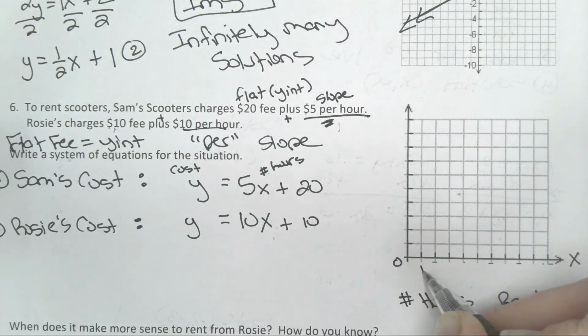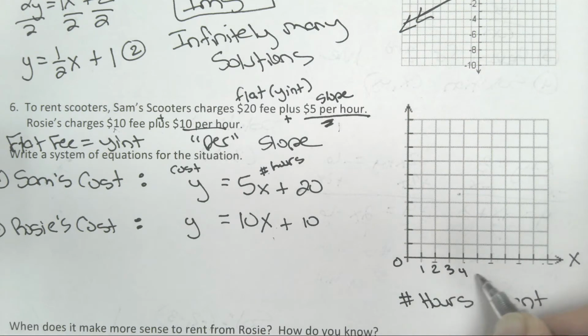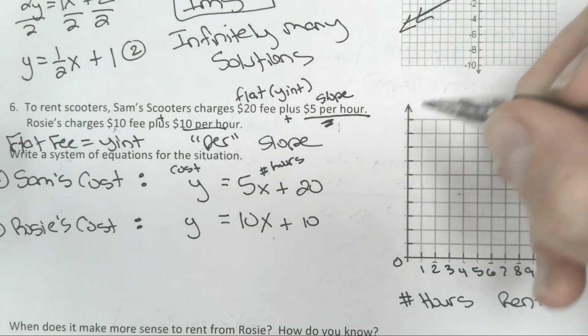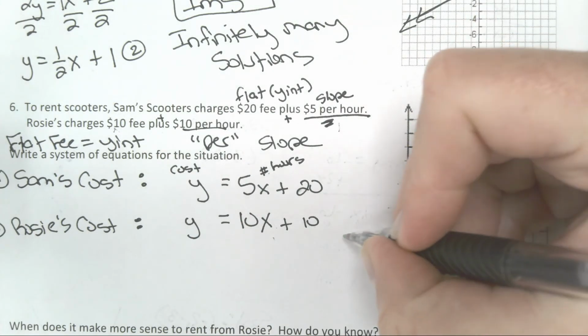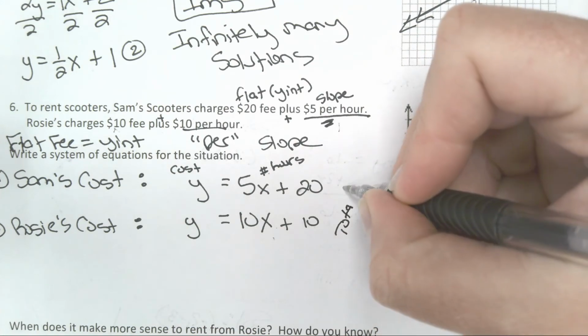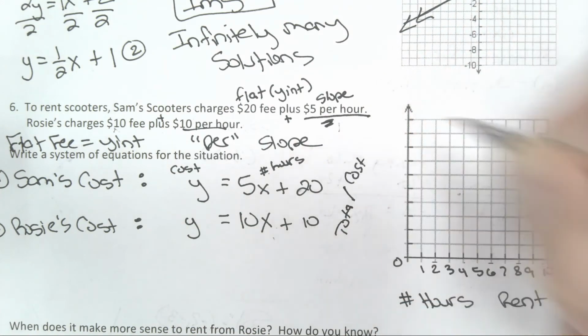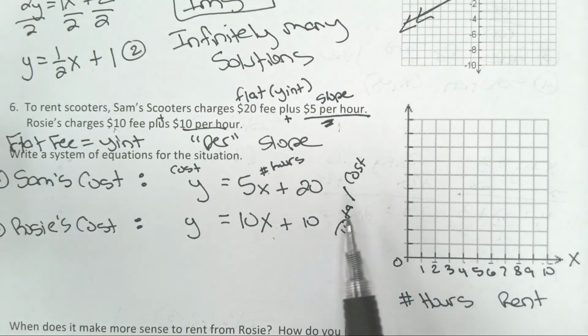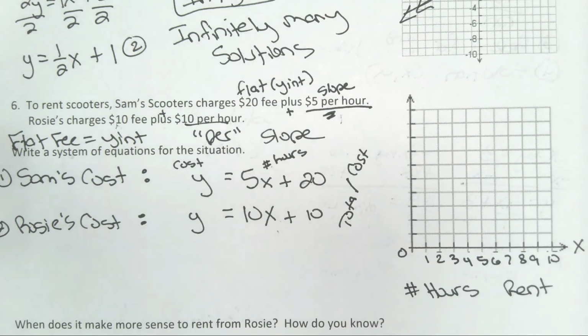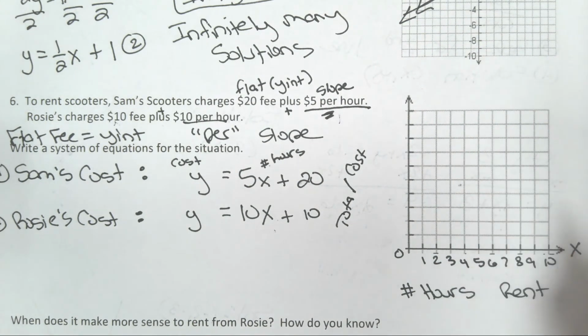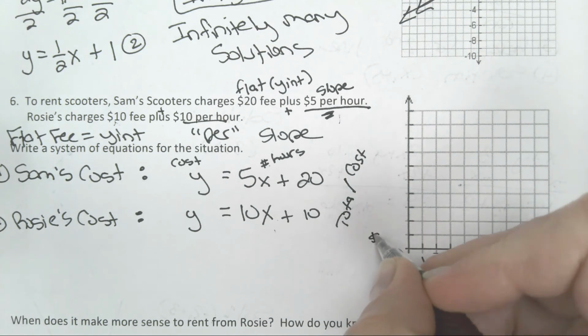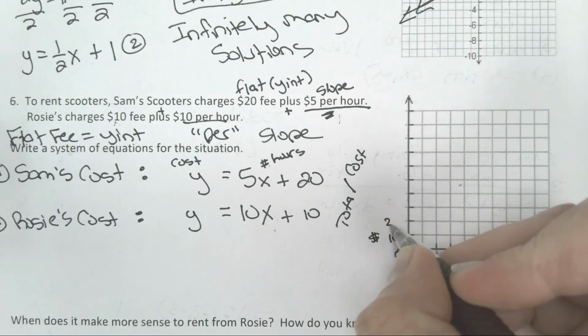And we should be able to generally just count up by 1 on the x-axis. However, the y is going to be your total cost. And so we're going to have to count up by something different. And I think $10, if I count by tens, that should work.